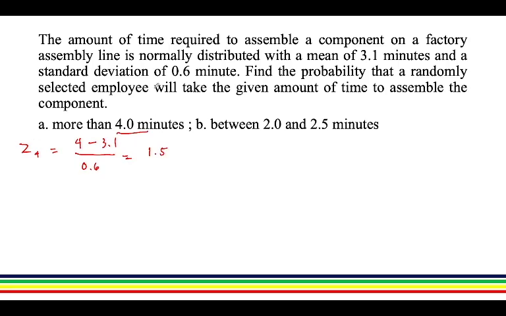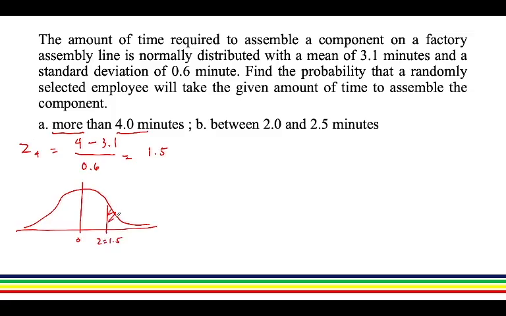That gives 1.5. So for letter A, we are actually looking for the area right of the z 1.5 because of this term right here. That's more. So in the curve, let's say this is the z is equal to 1.5.